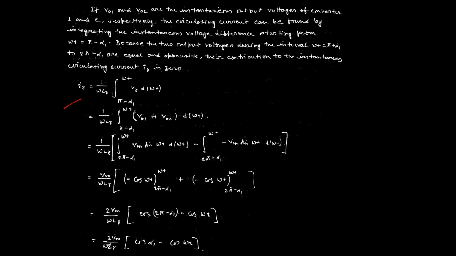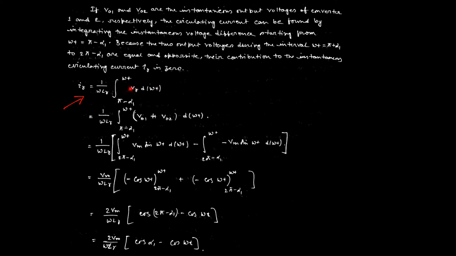See, iR is the instantaneous current, that is the circulating current which flows through the inductor. That is why it is defined by iR, and it is due to the difference between two instantaneous voltages. That is why we can express the term as 1 by omega LR, integration from pi minus alpha 1, as I discussed before, it starts from this point, pi minus alpha 1 to omega t, vR d omega t.